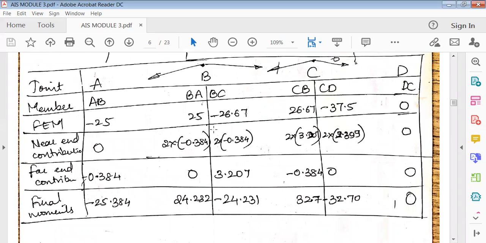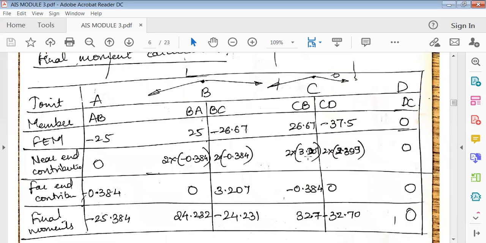Next, the far end moments. Whatever is here, that moment gets transferred to the far end. With respect to B, the far end is AB, so only that moment gets transferred, so it is minus 0.384. And next, this moment gets transferred here, this moment gets transferred here. With respect to B, C is the far end. So whatever moment exists here, that will get transferred to this portion.